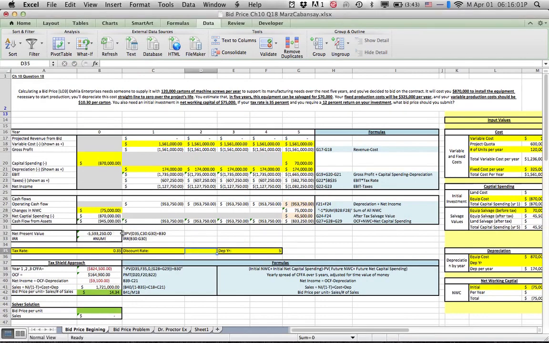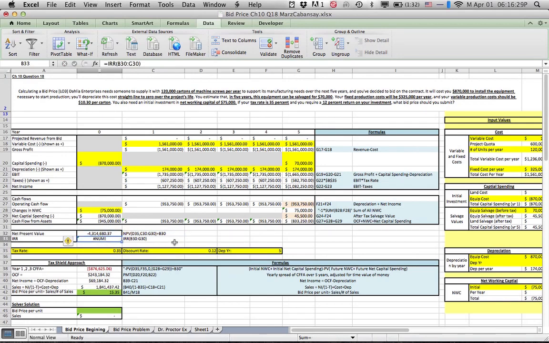Alright, so after cash flows, we will be calculating the net present value, which is basically NPV, and then D35, which is the discount rate, which is your required return on investment, which is the 12% over here. So let's fill that in. And there's our net present value.